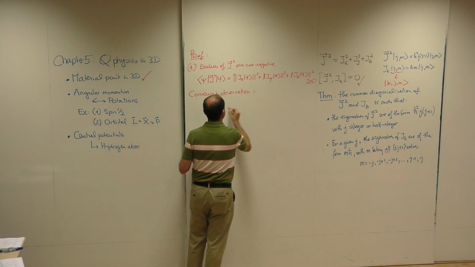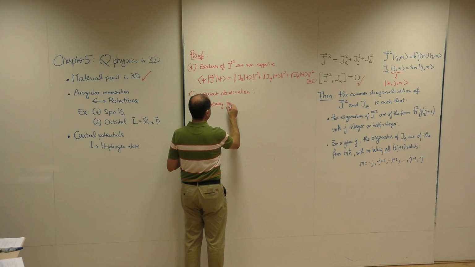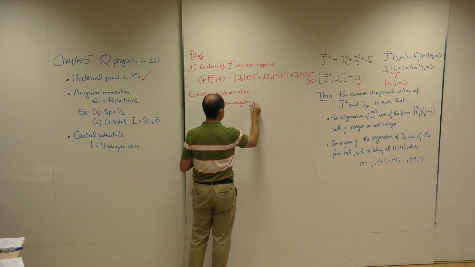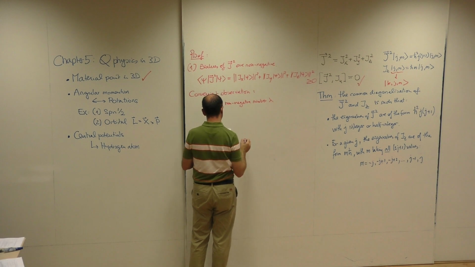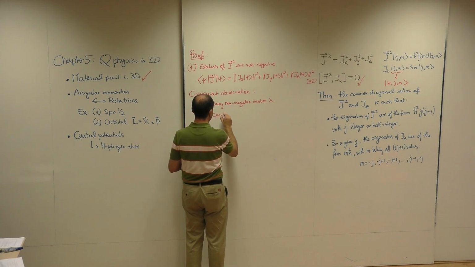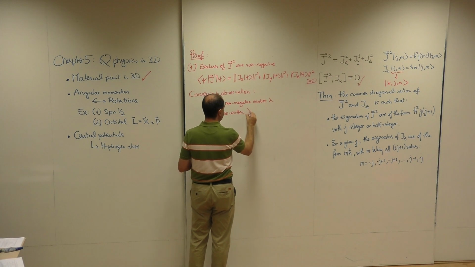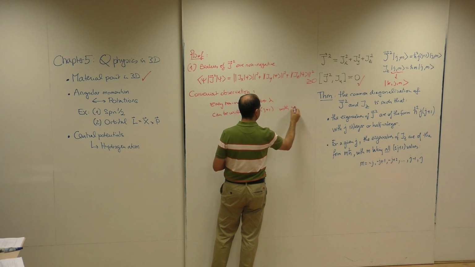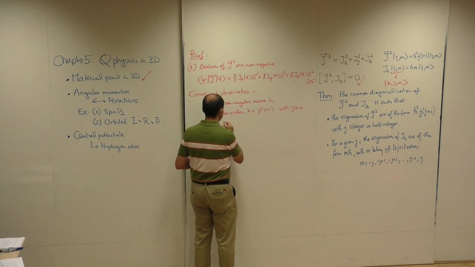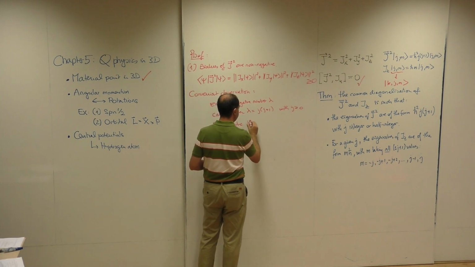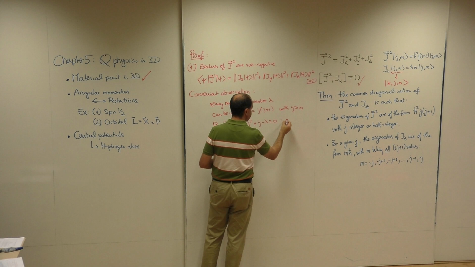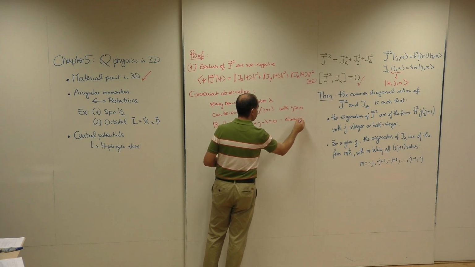So every non-negative number lambda can be written lambda equal j times j plus 1 with j positive. Proof? Solve the equation j square plus j minus lambda equals 0, and there are always solutions.